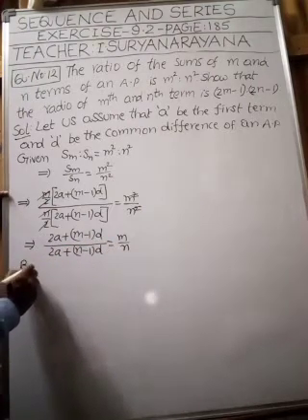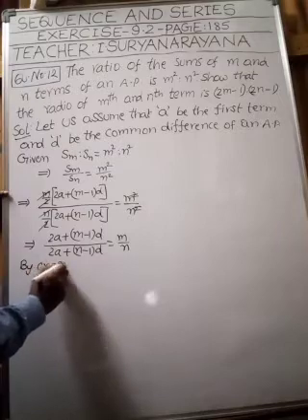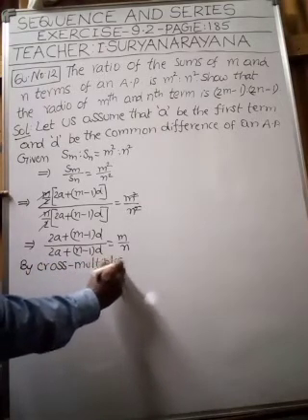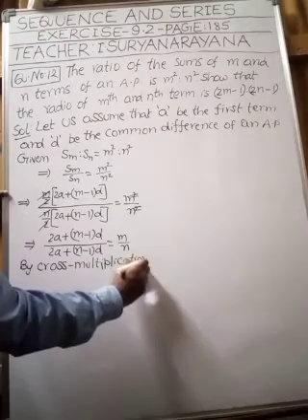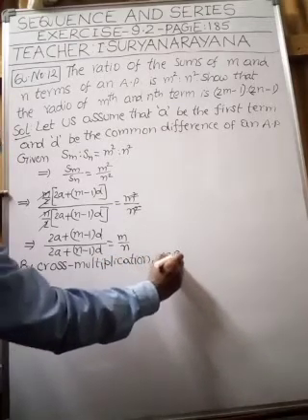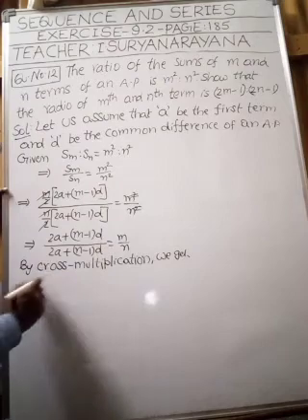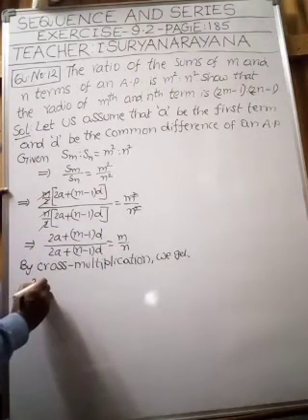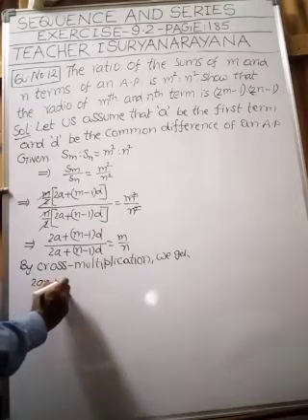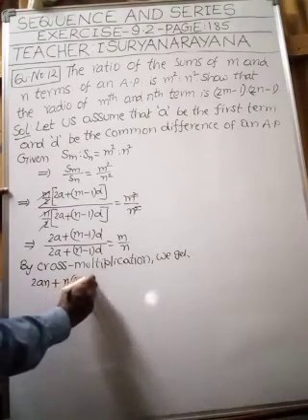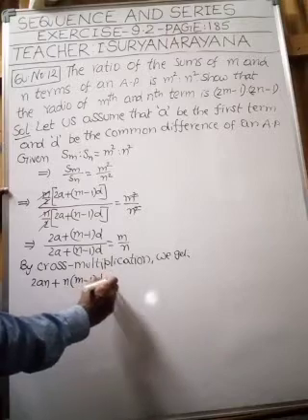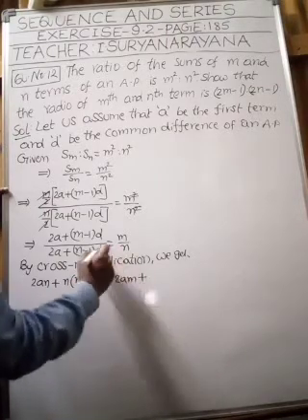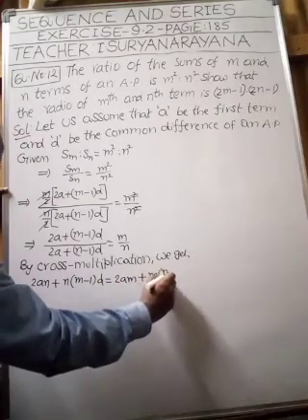By cross multiplication, we get, directly I am multiplying here, 2an plus n into m minus 1 into d is equal to 2am plus m into n minus 1 into d.